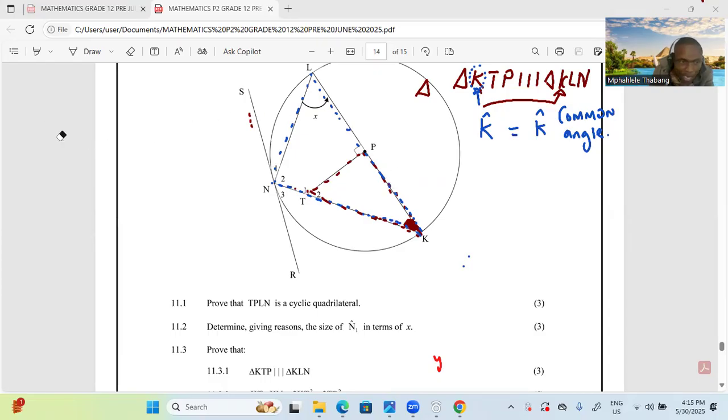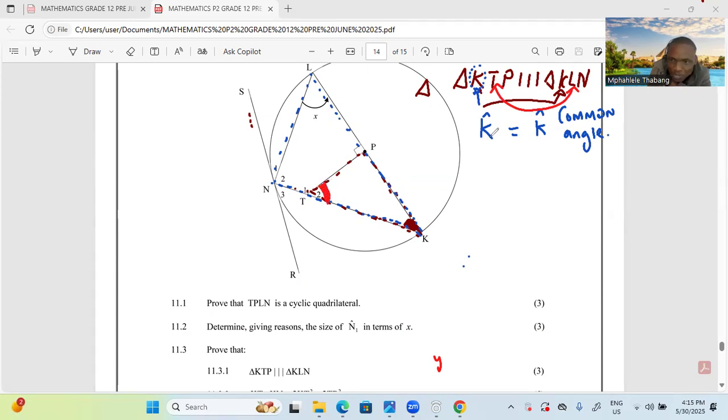Now I want to show that angle T is equal to angle L. I want to show that angle T in triangle KTP. Where is angle T in triangle KTP? Is this angle T2?